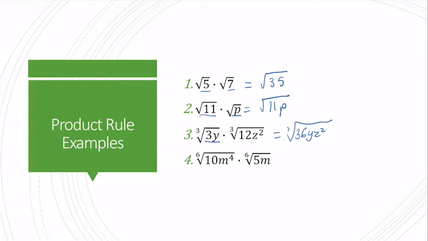I like to write my variables in alphabetical order. And if I have the sixth root of 10m to the fourth times 5m, that's going to give me the sixth root of 10 times 5, which is 50, m to the fourth times m, which is m to the fifth.